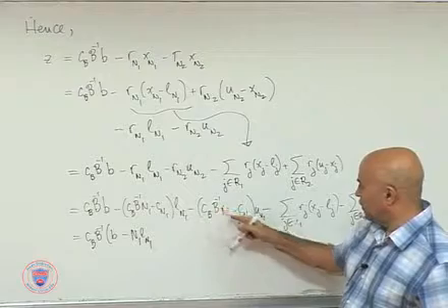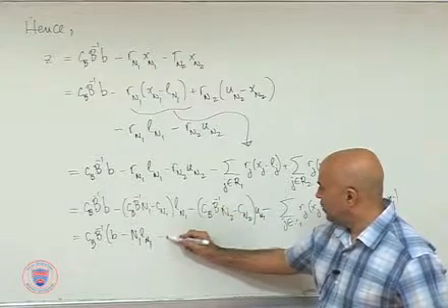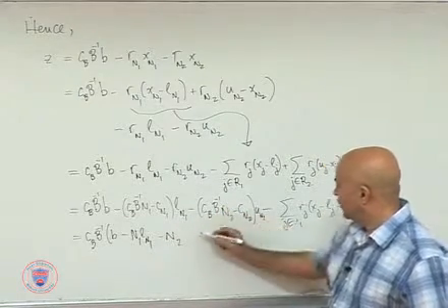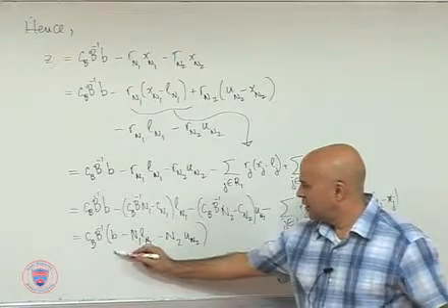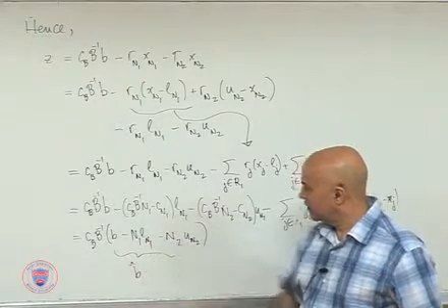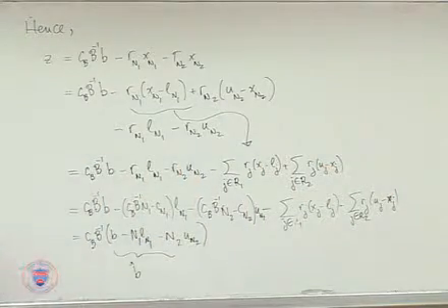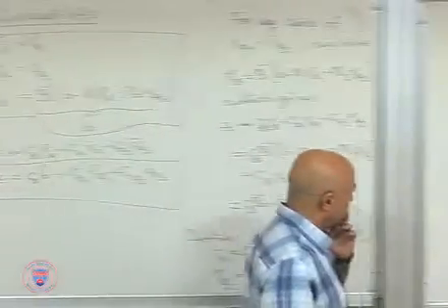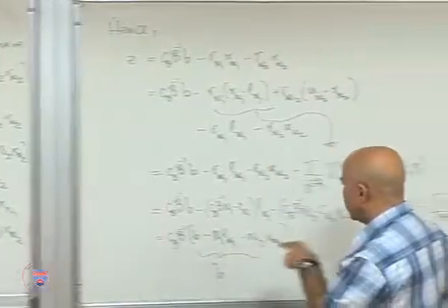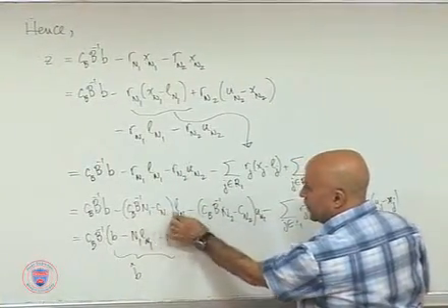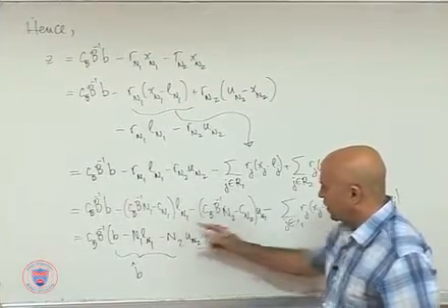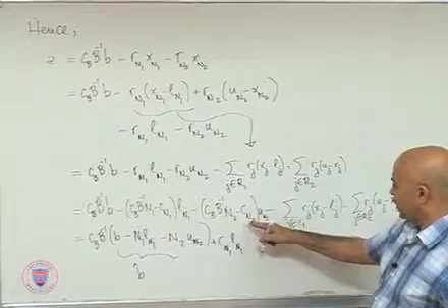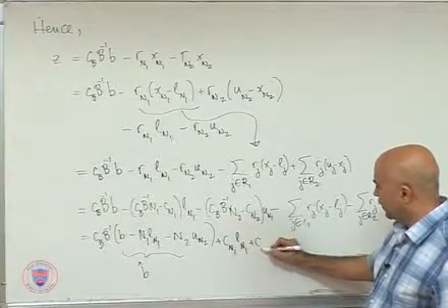From here, CB B inverse into N2 UN2. That's your B cap. Yes, it is B cap. And then I also have CN1 LN1. And I also have, what do I have? CN2 LN2.